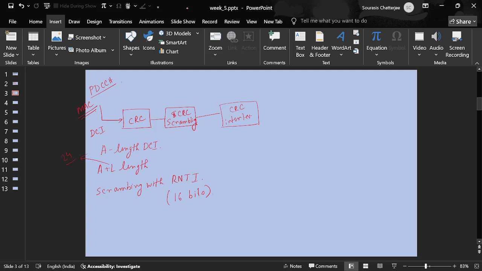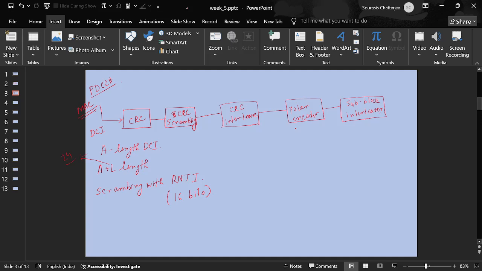CRC interleaving, then comes the polar encoder, and then there is another block called the sub-block interleaver, which will be discussed in week 6, I guess. Both are not discussed this week.